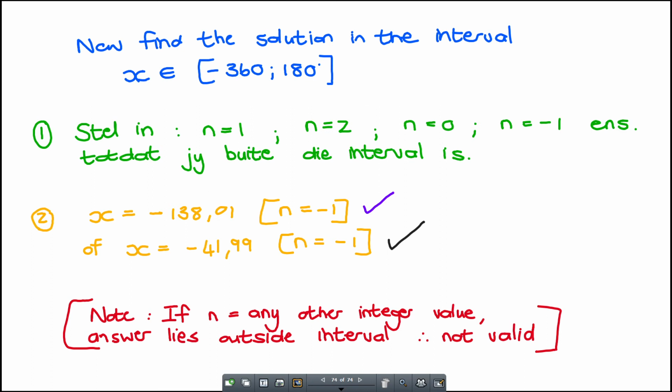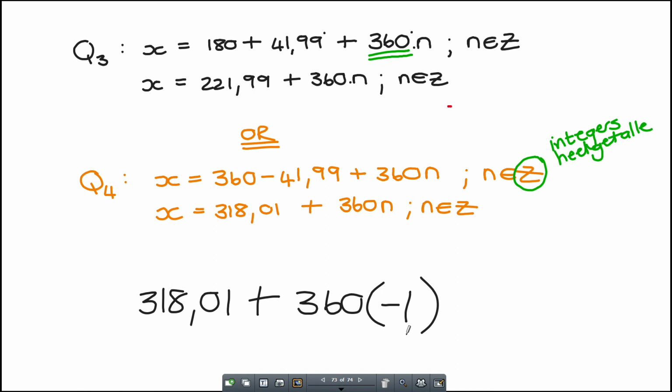Okay, so let's try another negative number. Kom ons probeer gou vir minus 2. Hoeveel kry ons dan? Hoeveel? 401. Nou dit gaan hier ergens lê. Minus 401 gaan daar lê, né? So lê dit binne my interval. Right.